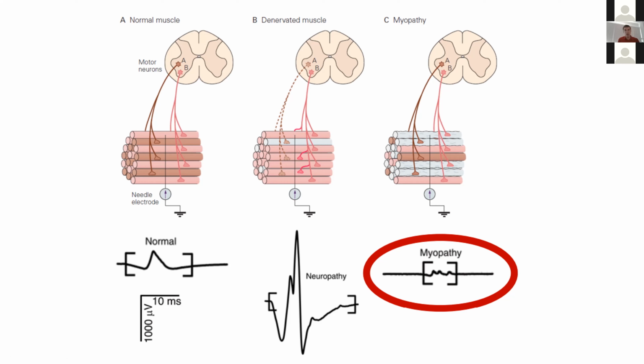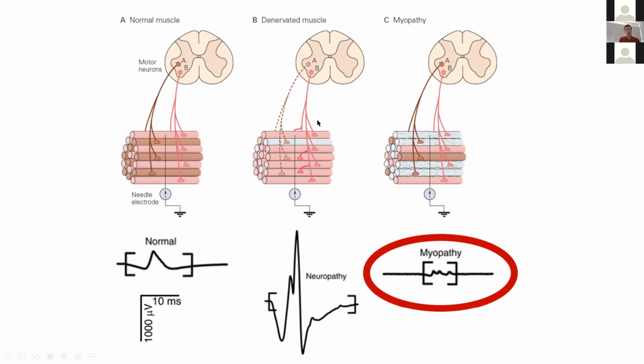When asking for a stronger contraction, the surviving motor unit has to fire more frequently before other healthy motor units are recruited. So the firing frequency in this denervated muscle gets higher.